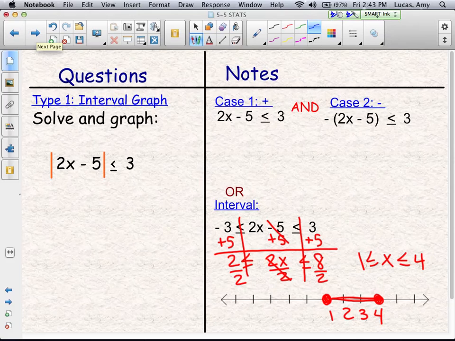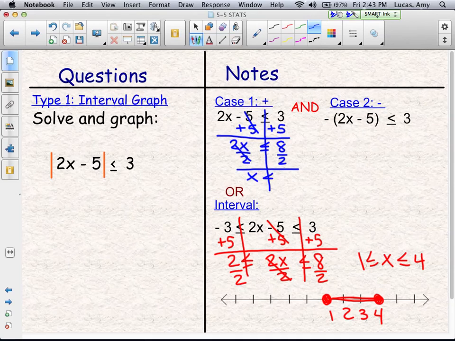The longer way, I can solve case 1 and case 2 separately. So 2x is less than or equal to 8, and divide by 2, x is less than or equal to 4. Case 2, remember, the opposite of 2x minus 5 would have the same absolute value as 2x minus 5.